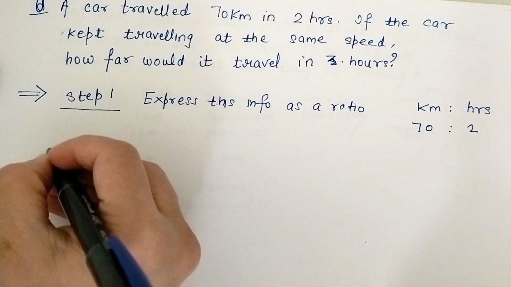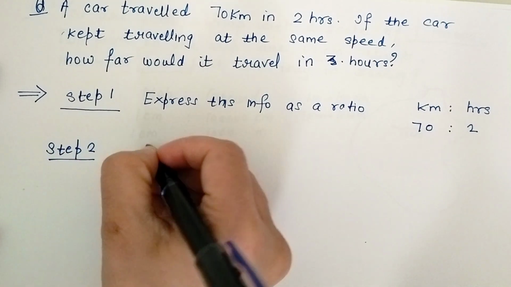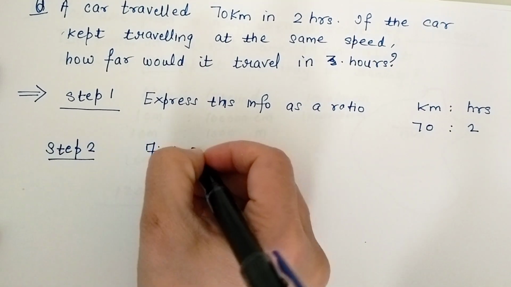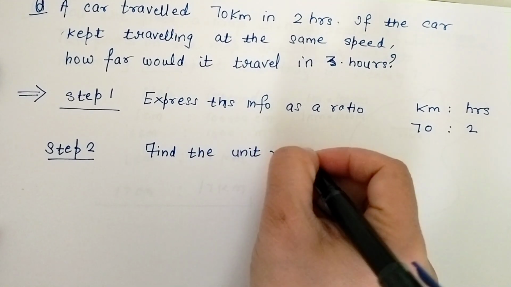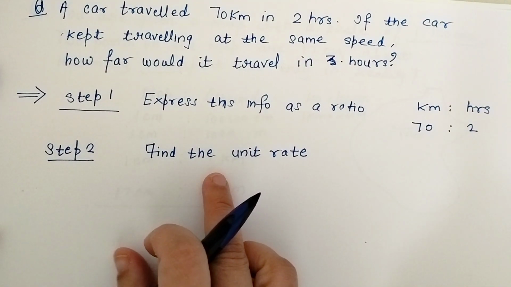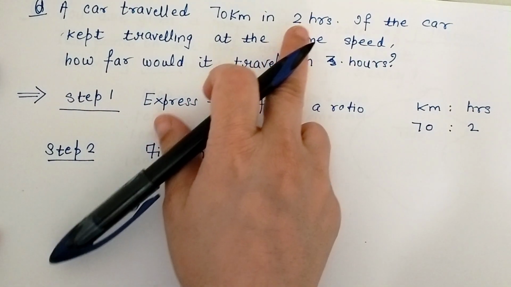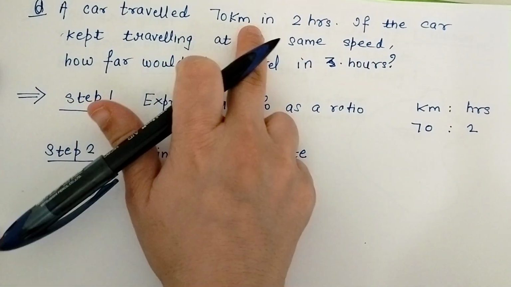Now step 2. What is step 2? Find the unit rate. That means you always need to focus on what you are given. You are given hours and you need to find kilometers.